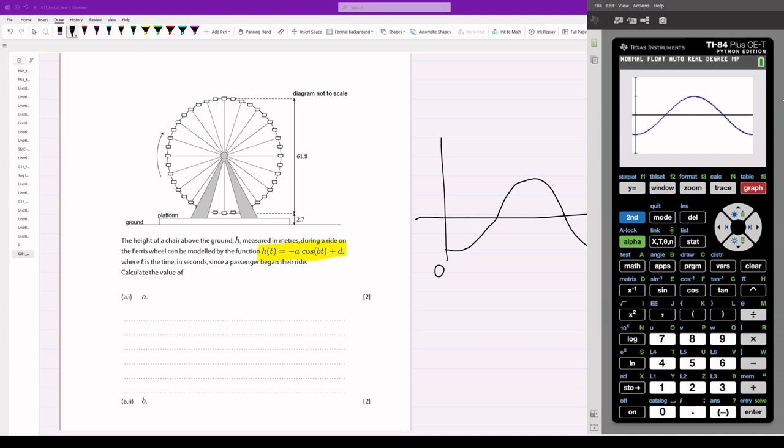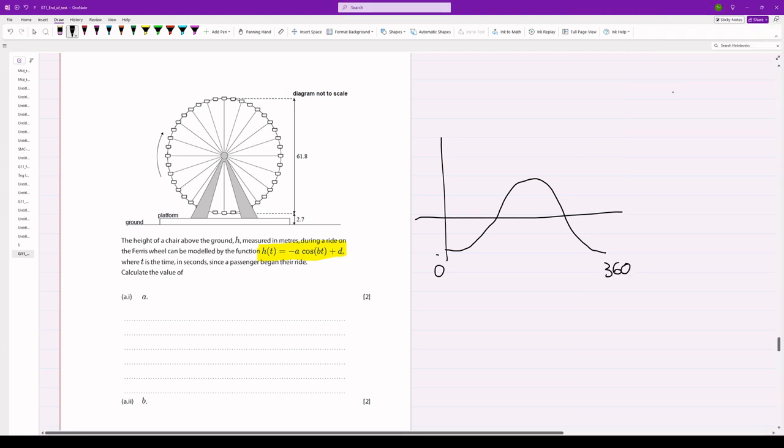And if you're wondering how I know what those numbers should go between, I already know what cos should go between. So I know that that bit should be 0. I know that that should be 360. You can't see what I'm writing because the calculator's in the way. I know that this should be 0. This should be 360. I know that this highest point should be 180. Those are the bits I need to know.